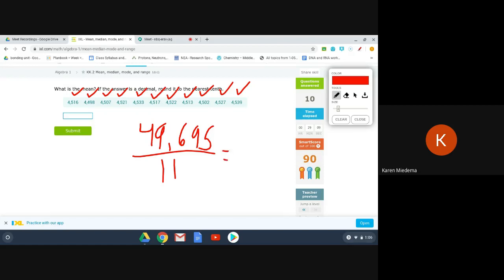Okay, my answer that I get is 4,517.72. Again, it said rounded to the nearest tenth, so the 2 tells the 7 to stay the same. So 4,517.7.